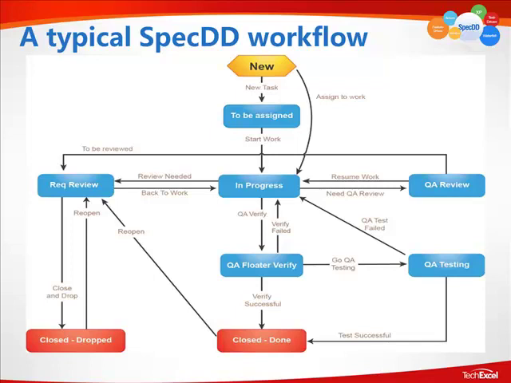And then within the in progress to the QA floater verify, this is within the small development cycle for the sprint. The QA floater takes a quick look at the items that the developer thinks are finished. They can accept it and close it and done, or the QA floater can send it back to the developer in progress.